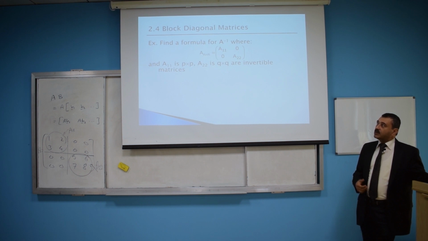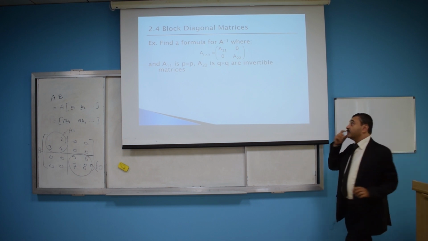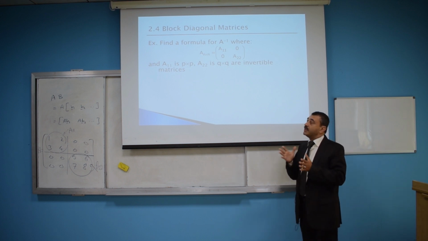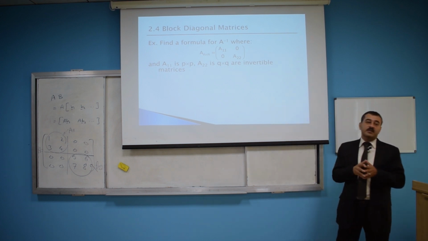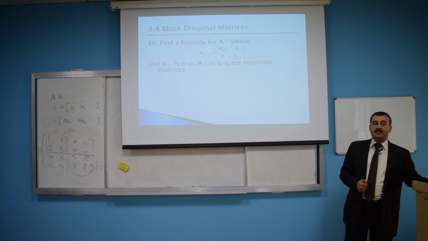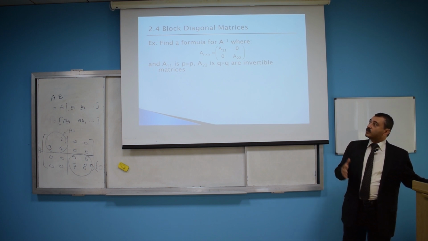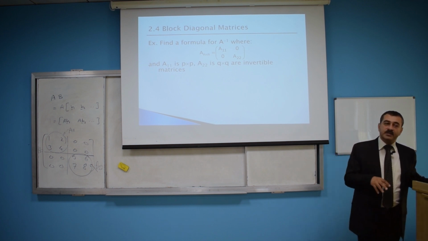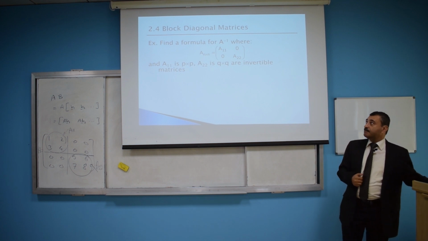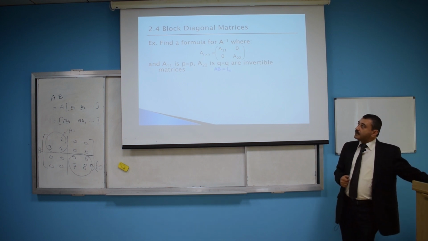So to start, we can start with A times its inverse equal to the identity matrix, right? So I'm going to partition also the inverse in the same way as A, okay? And say that A B equals identity.